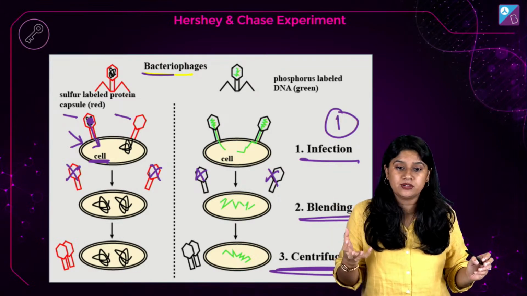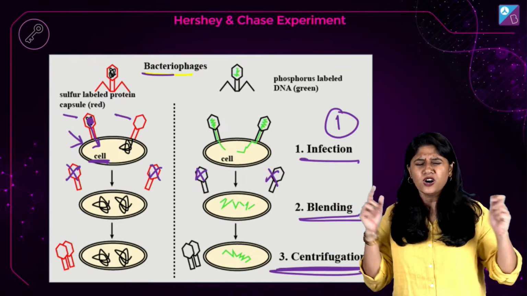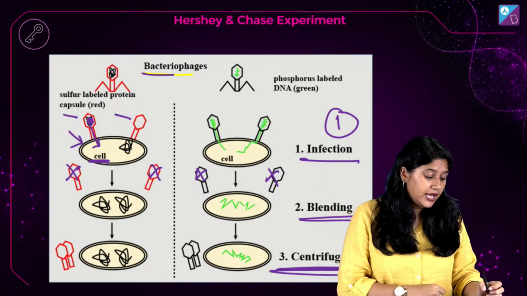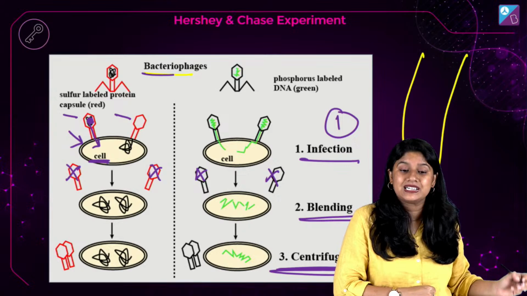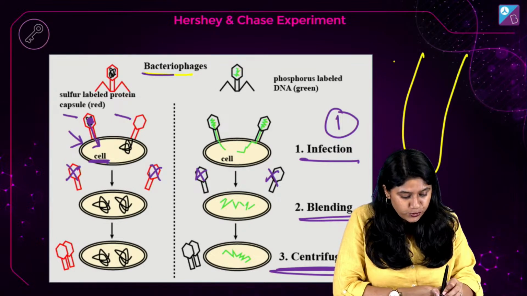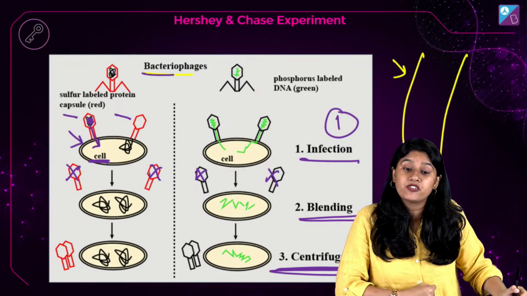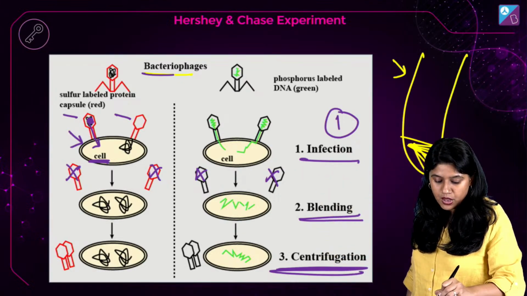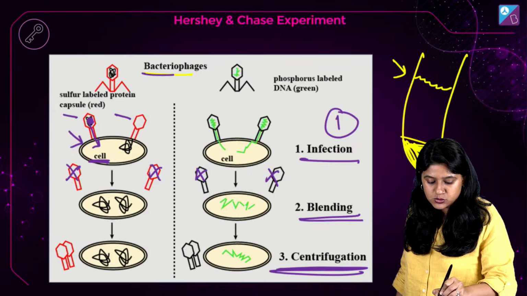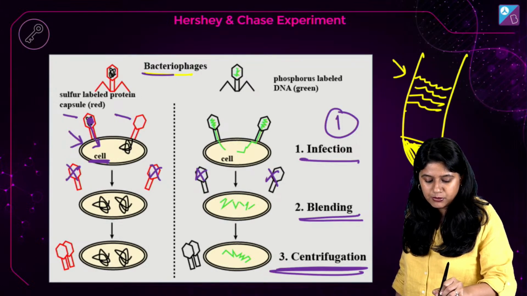What is centrifugation? Rotating round and round at very high speed in a way that we will be able to separate the materials out. Centrifugation works on the principle that the heavier materials or heavy molecules will come at the bottom, whereas the lighter materials will be floating or in the above layer.